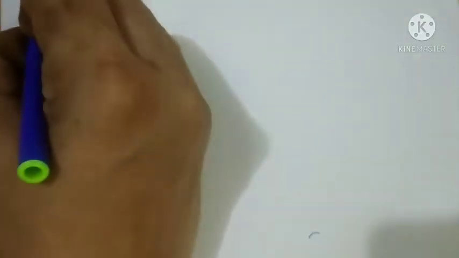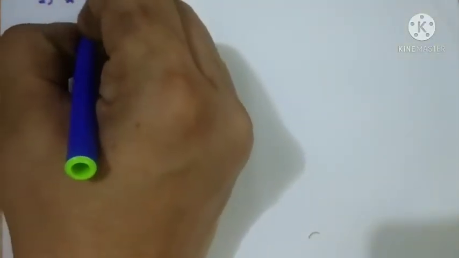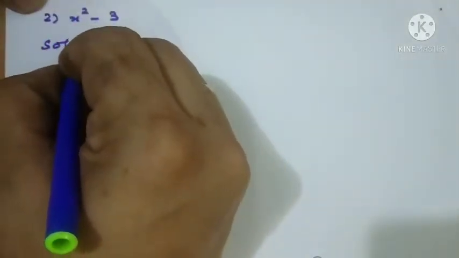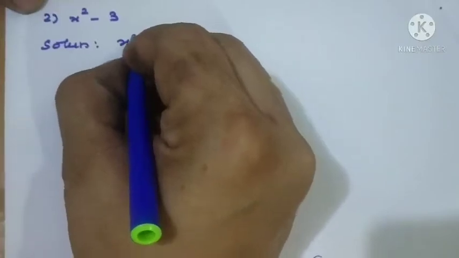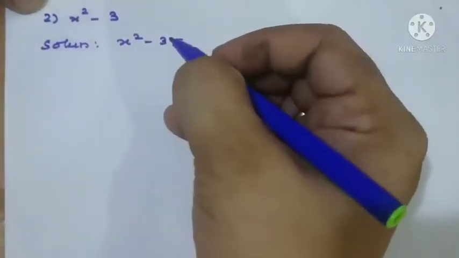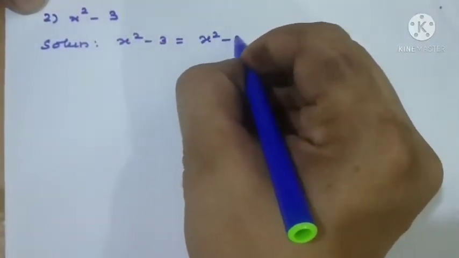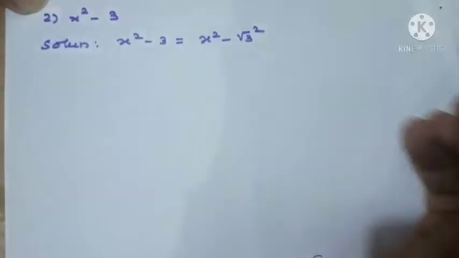The next question is x square minus 3. Okay. So x square minus 3 means we can write a solution now. X square minus 3 equal to x square minus root 3 square.